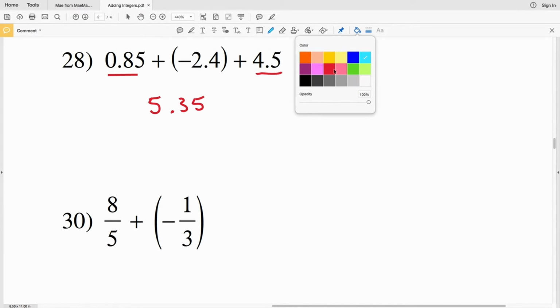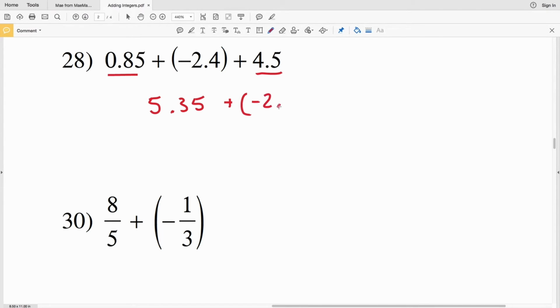And in our expression, we're left with adding a -2.4. This is the same as saying 5.35 minus 2.4. I'll do that over here to the right. 5.35 minus 2.4, put in that placeholder 0. 5 minus 0 is 5. 3 minus 4 would give us a negative, so let's borrow from the ones place.